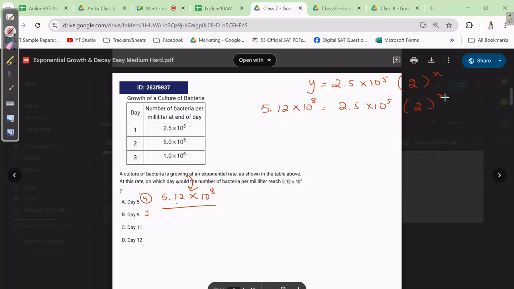Now we need to solve this equation, Anika. Can you tell me the first step? Try to isolate x. First, you try to get rid of this number.